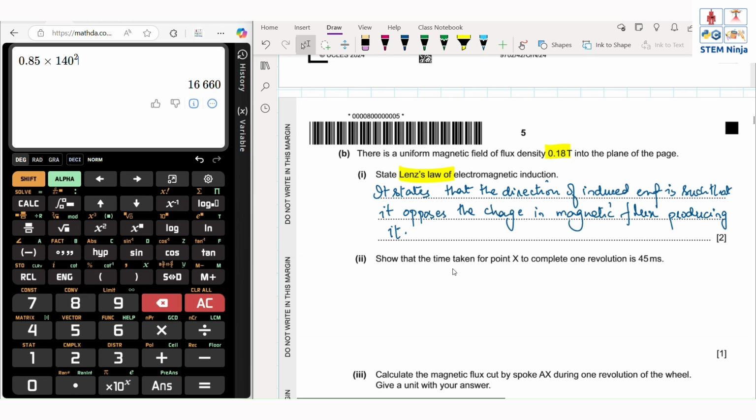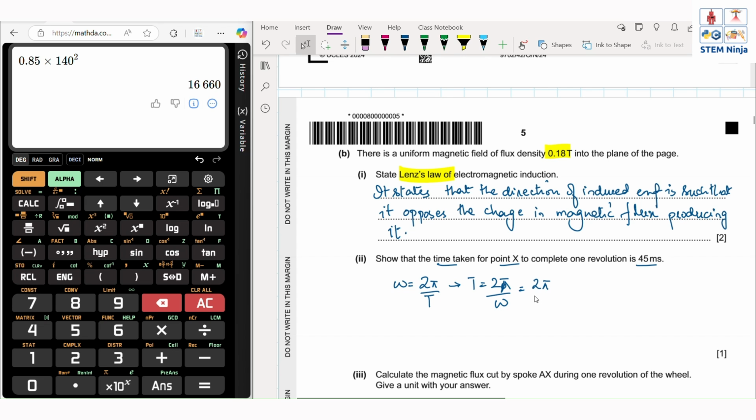Okay. Show that the time taken for the point X to complete one revolution is 45 milliseconds. We can find it out using the angular velocity, 2 pi over T. So T is 2 pi over omega.